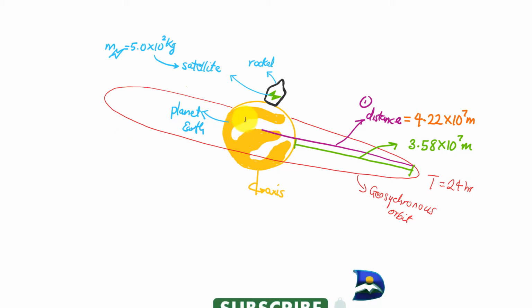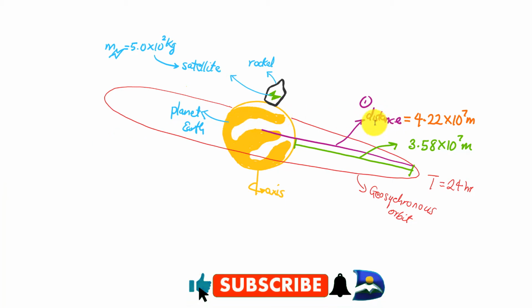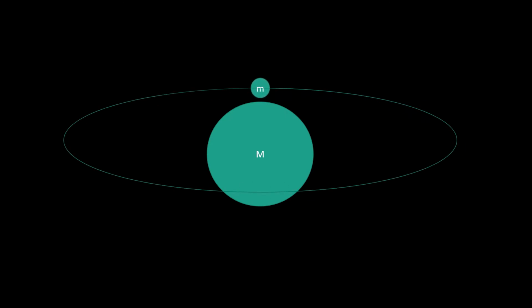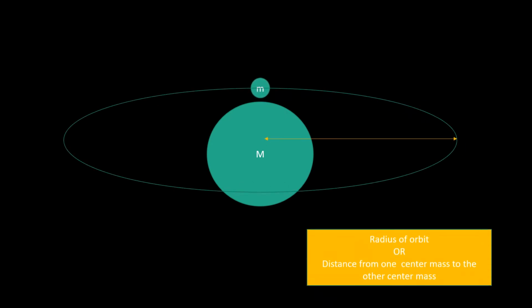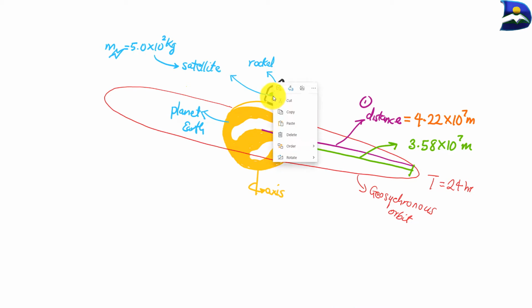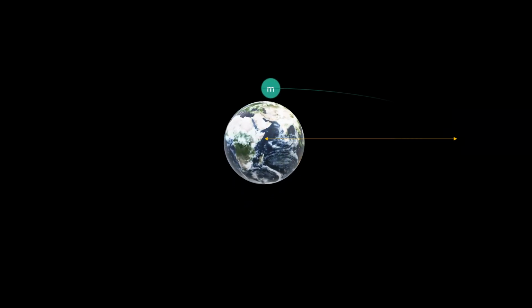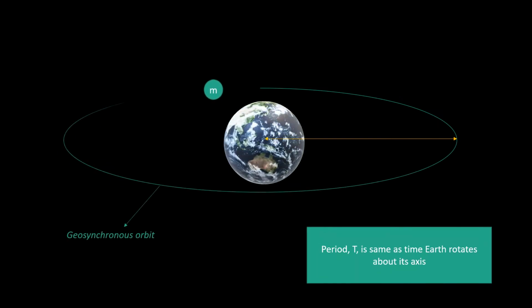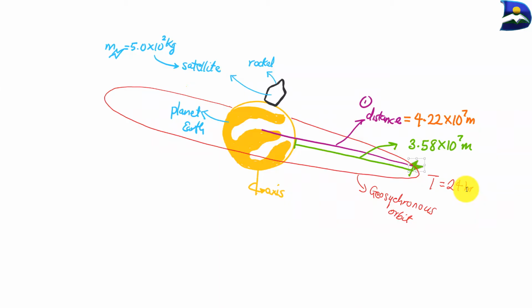On our previous video, we looked at how to determine the distance from the center of a central body to the geosynchronous orbit, where we are going to be placing our satellite, which is in a rocket as it is moved to this location. We determined that through the geosynchronous orbit, which has a period of 24 hours, using Kepler's third law.